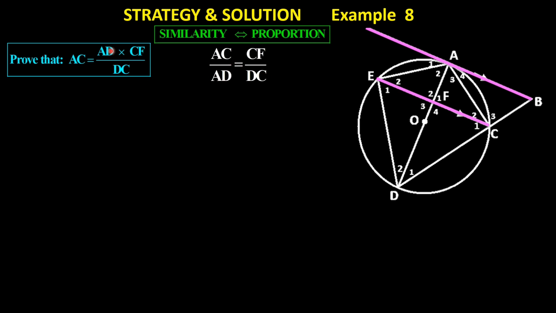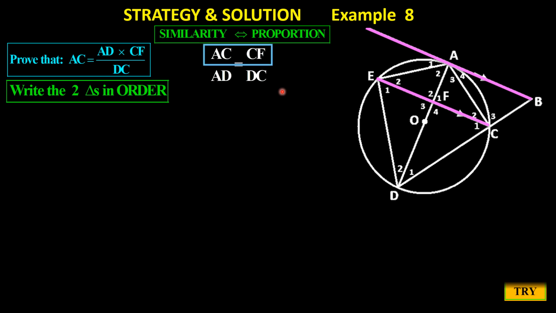So how do we do that? Just put AC over AD, so there I've got it in the standard proportion form. And what's our objective? We want to get two triangles in order. So let's just take the numerators. Let's look at AC and CF. Let's focus there. I get a triangle ACF, and I get another triangle ADC. But we just want to get it in the correct order.